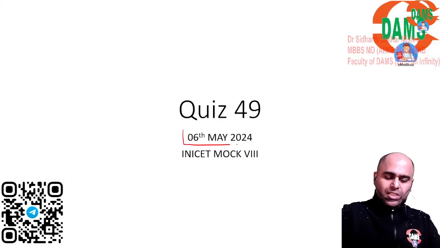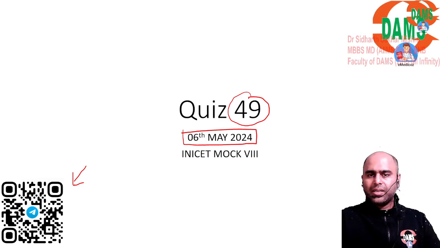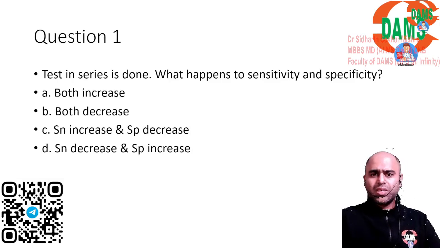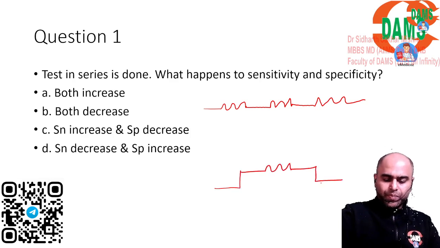6th May 2024, the quiz 49 INICET mock 8, conducted on my Telegram channel yesterday at 8 p.m. Test in series is done. What happens to sensitivity and specificity? Now, guys, what is series? One after the other. What is parallel? All at the same time.